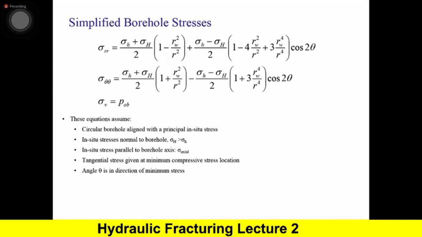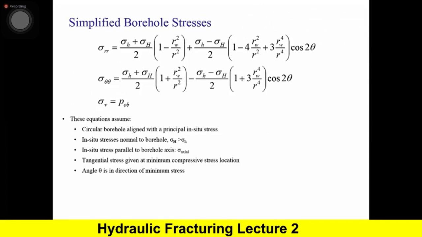Now I'm going to do the same thing again, except I'm going to put theta of pi over 2, 90 degrees. So pi over 2 times 2 is pi, that's 180 degrees.